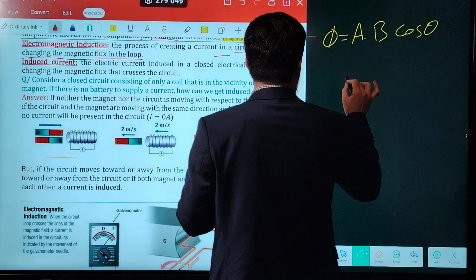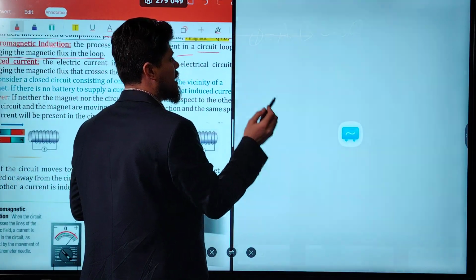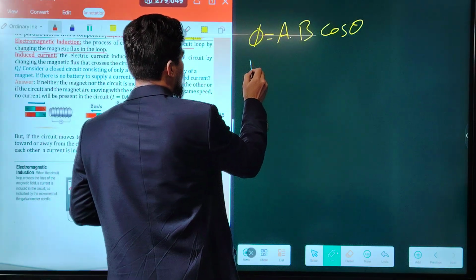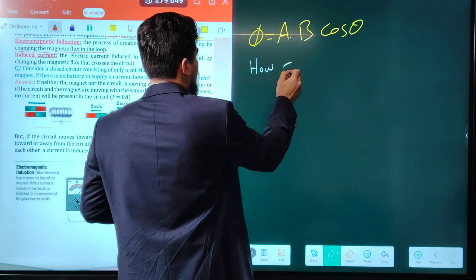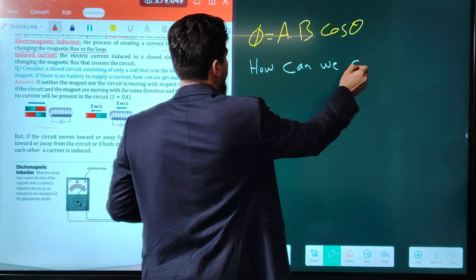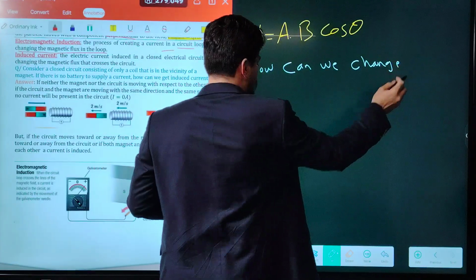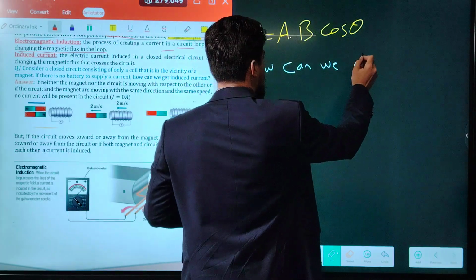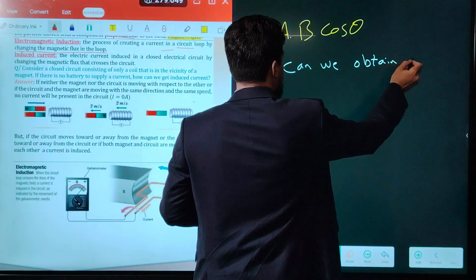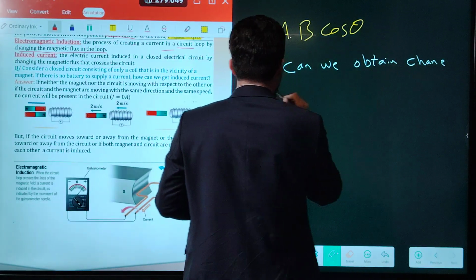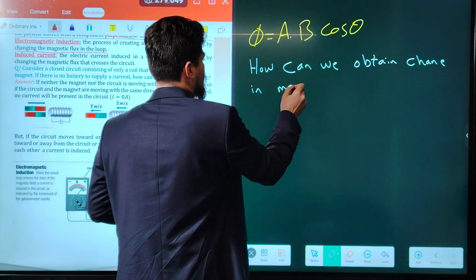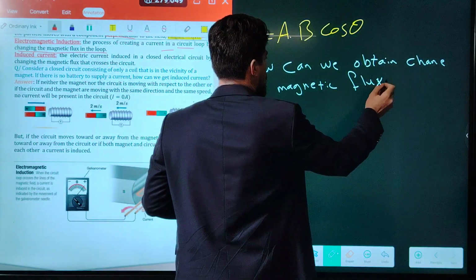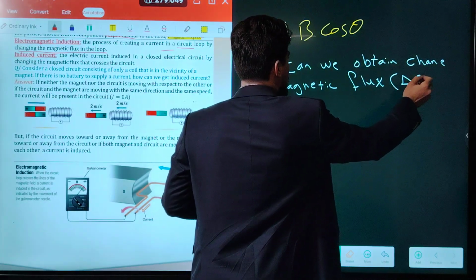So in how many ways can we change the magnetic flux? How can we obtain a change in magnetic flux? Change in magnetic flux is delta flux.